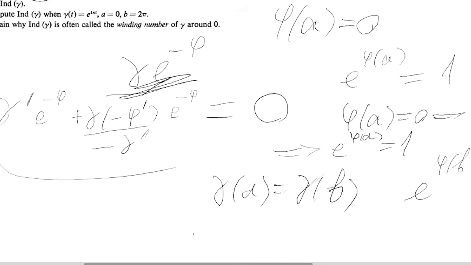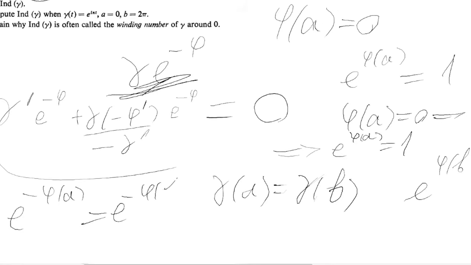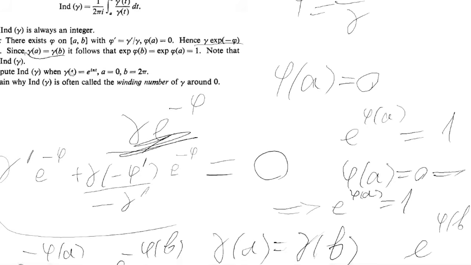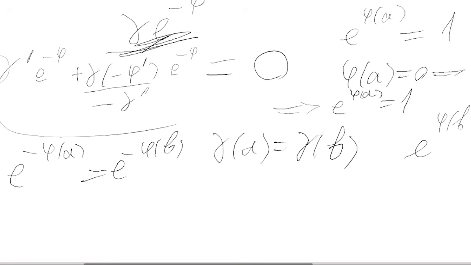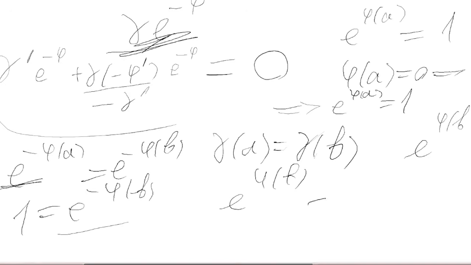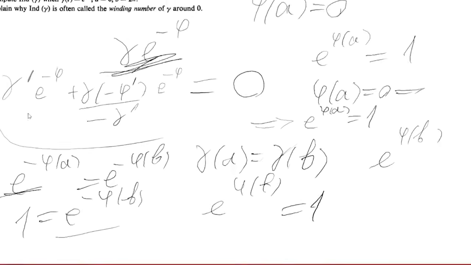So what we get here is essentially e to the power of minus phi of a is equal to e to the power of minus phi of b. And since this is equal to 1, from this stems the fact that e to the power of phi of b is also going to be equal to 1.